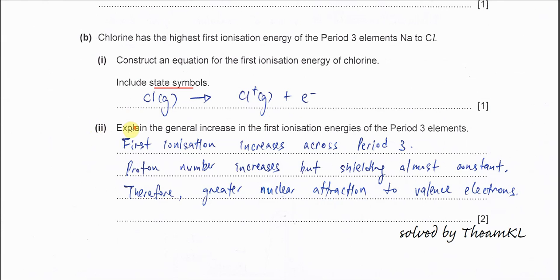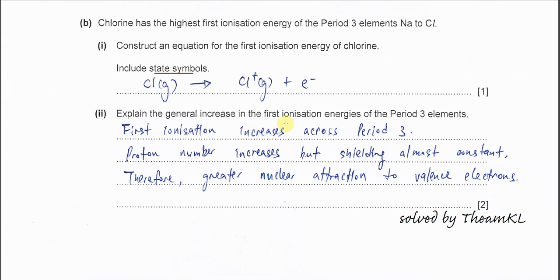Part 2. Explain the general increase in the first IE of the period 3 elements. So we know that across the period, two things need to be related. That's the proton number. Across the period, proton number increases, and at the same time, the shielding effect is almost constant. Why is it almost constant? Because across the period, the inner electron shells are the same.